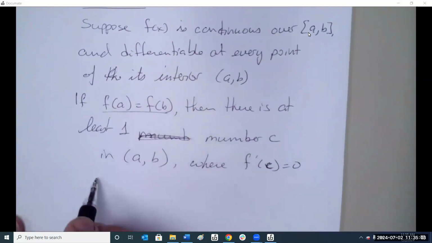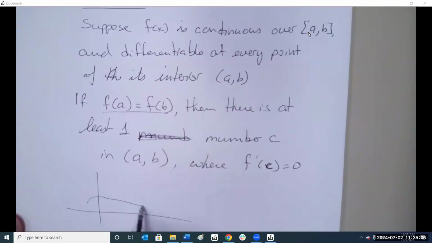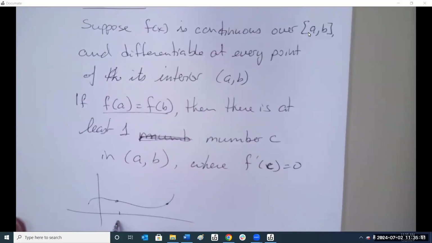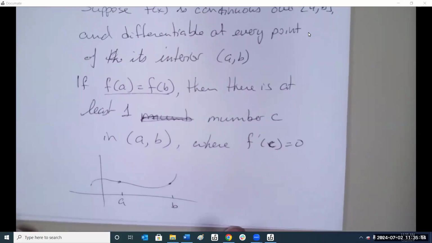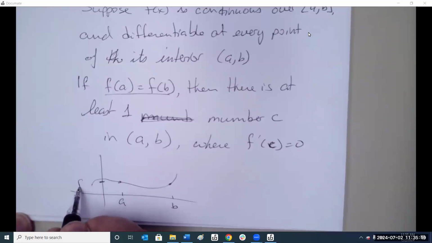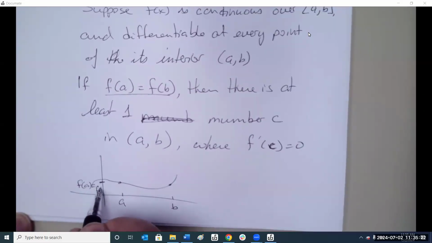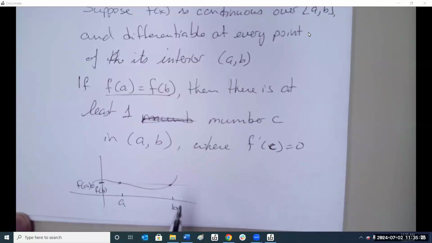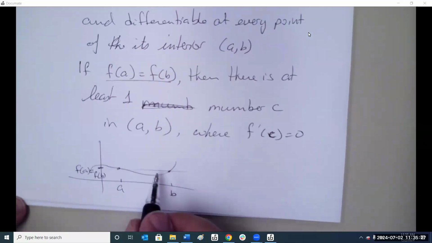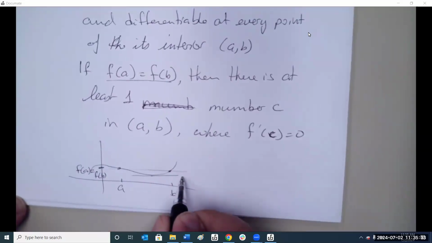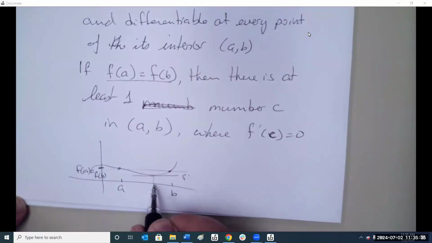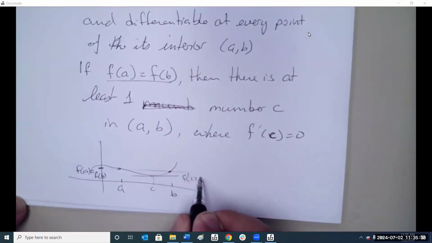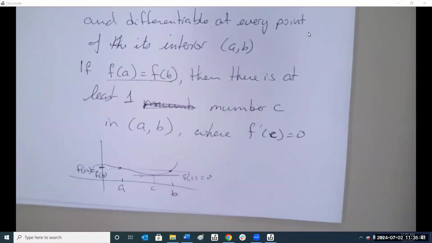If f of a equals f of b, there's a horizontal line there, then there's at least one point in there where the derivative is equal to 0, meaning we have a horizontal slope there.